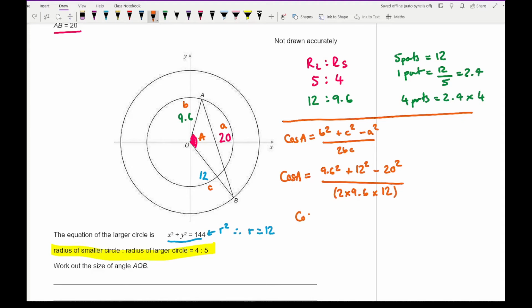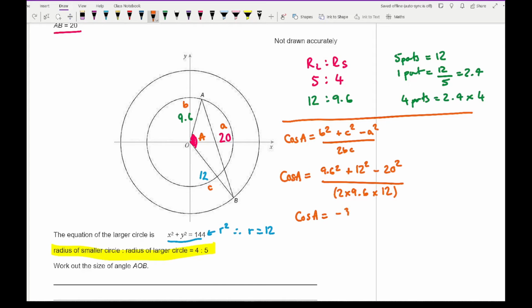If I type that all into my calculator, I get my cos A value, and that's going to be a very long decimal number. Let me just quickly type that in: 9.6 squared plus 12 squared minus 20 squared over 2 times 9.6 times 12, and we get an answer of minus 32 over 45.